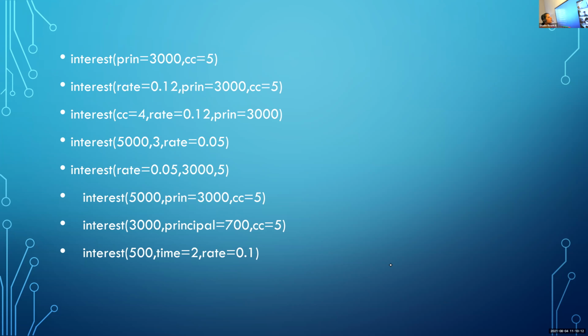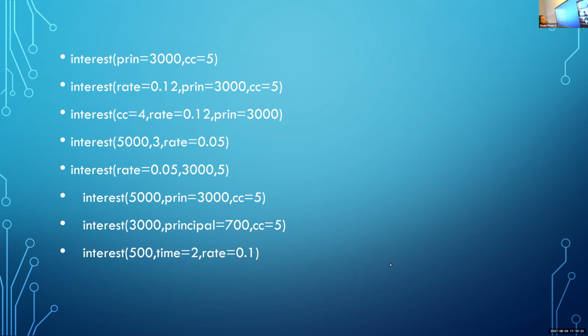Default argument means, in the function definition, we are giving some default value to some arguments. That is default argument. Okay. First one, it is positional arguments. Positional argument is a normal argument. That is, we can give values based on the position.